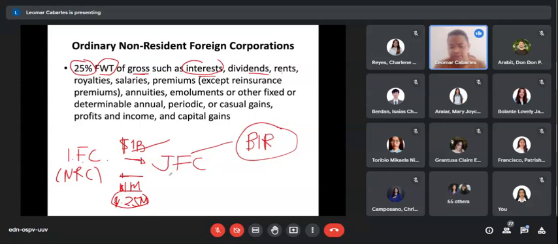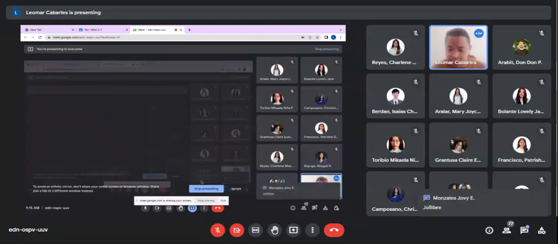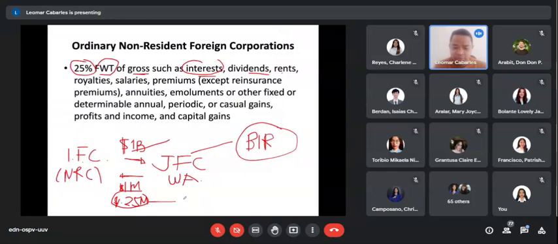Jollibee is considered the withholding agent. If you were Jollibee, you would not remit the 1 million in full to the non-resident foreign corp. You would only remit 750,000 to them. The 250,000, you will remit directly to the BIR. So Jollibee is the withholding agent.